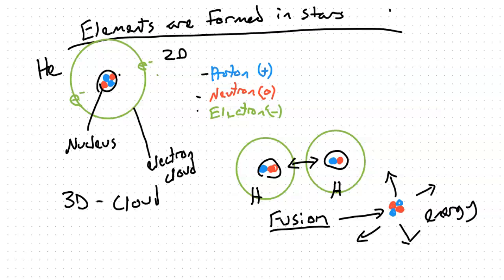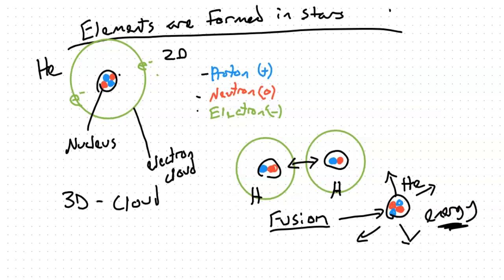So now the sun has gone from hydrogen here to helium. Now this doesn't happen on Earth. There aren't any forces strong enough to create fusion on Earth. If we could have a fusion reactor, it would be very clean energy. It's the same kind of energy we get from the sun.